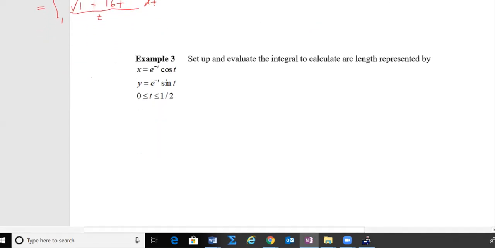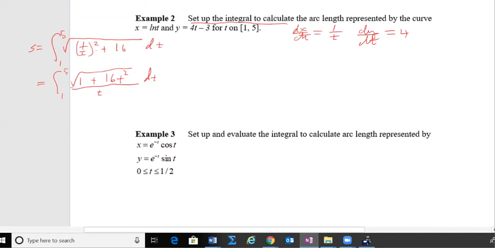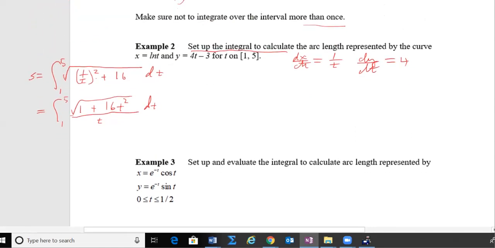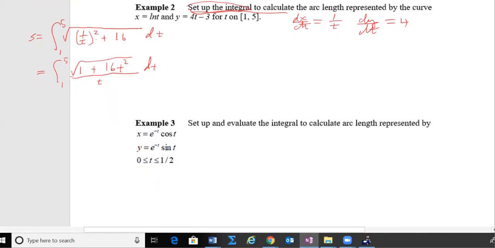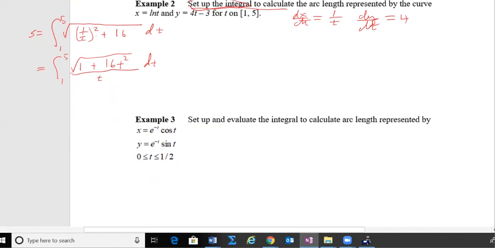Let's go to this other one. Now this one says set up and evaluate. The last one just said set up, so we weren't really forced to calculate. Let's set this up and evaluate. So let's get the derivatives first. Now notice I keep writing dx dt.